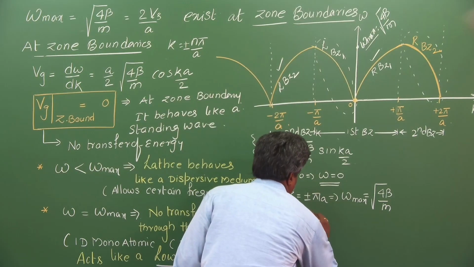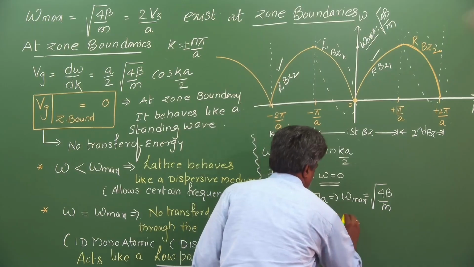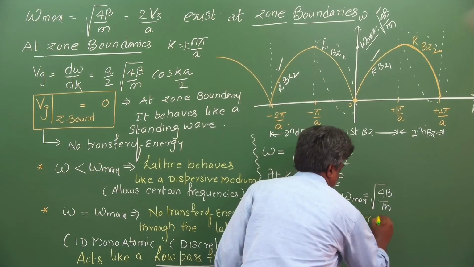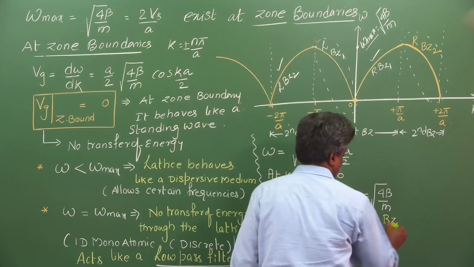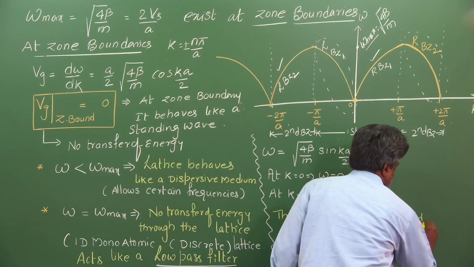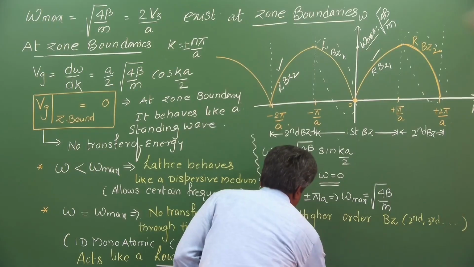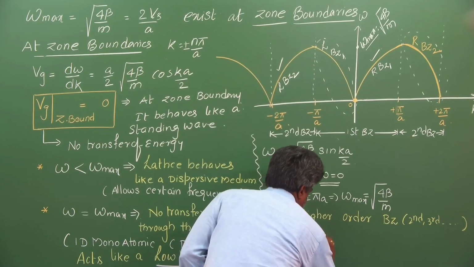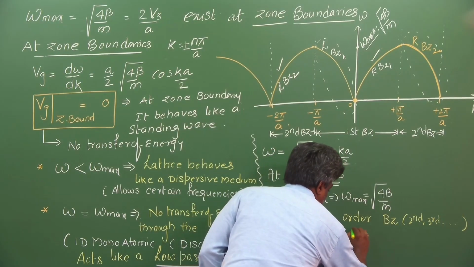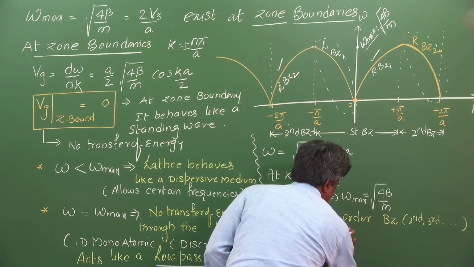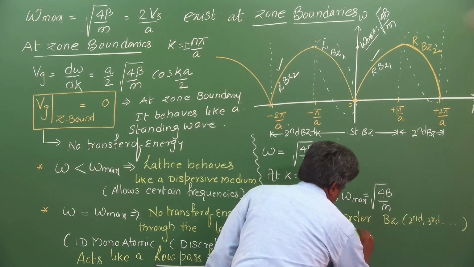The higher order Brillouin zones, that is the second, third, and so on, resemble the first Brillouin zone.